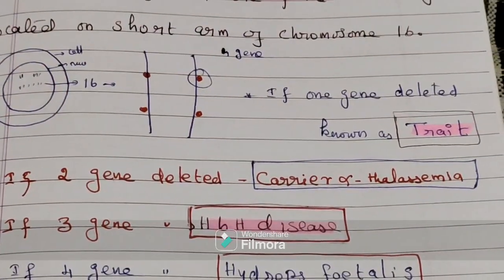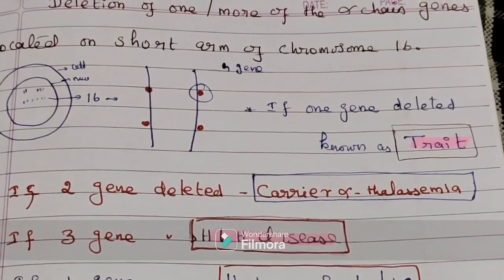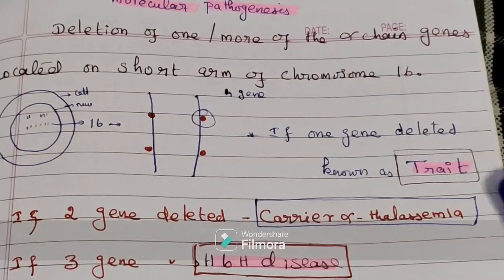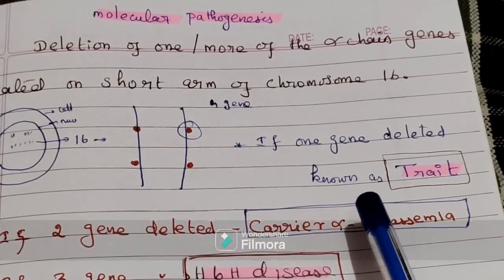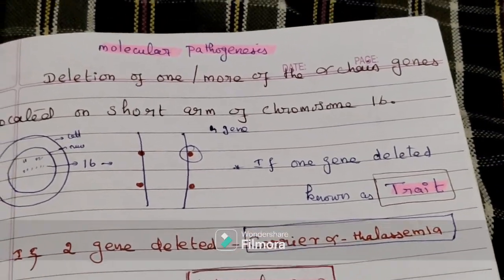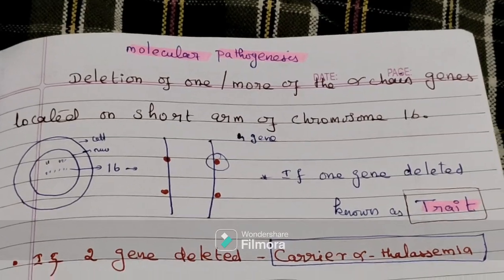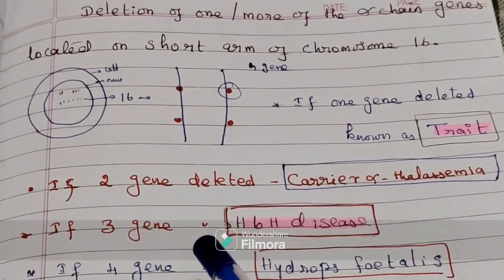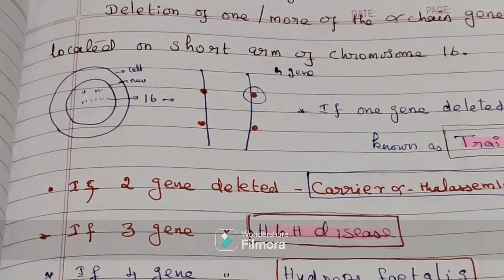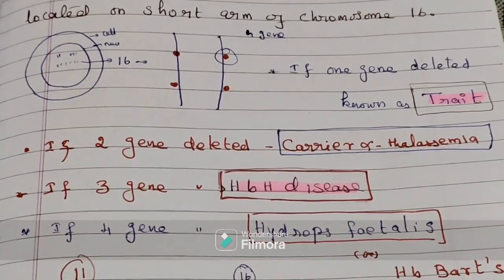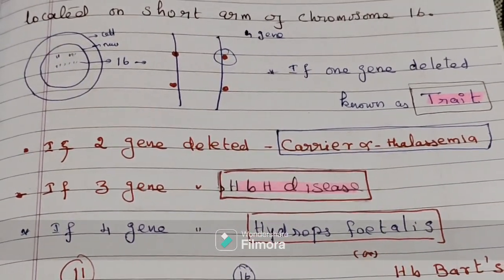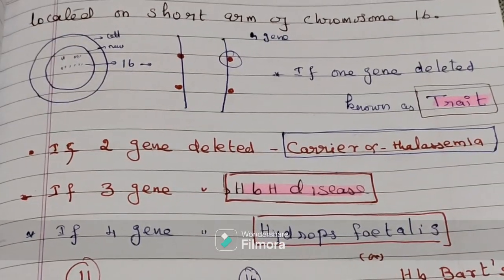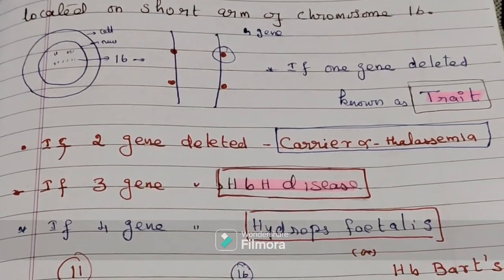So 4 types. One gene deleted means alpha thalassemia trait. 2 genes deleted means alpha thalassemia carrier. 3 genes deleted means HbH disease. 4 genes deleted means hydrops fetalis.